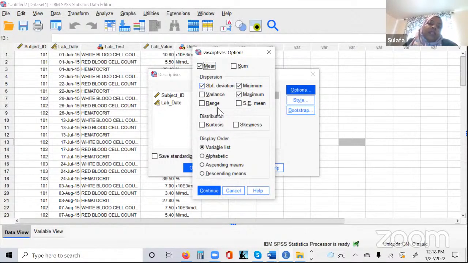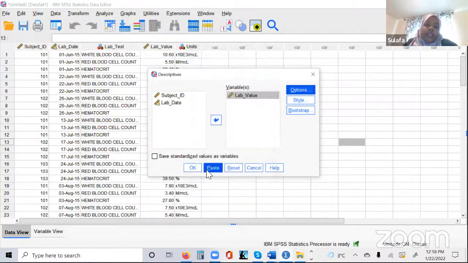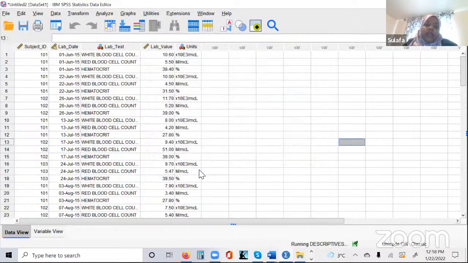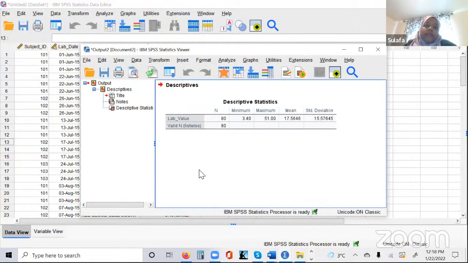The previous one is still saved because I chose before the standard deviation and minimum and maximum. So we can continue on it and press OK. And it shows just a different view. It will show you the number of lab values we have in our dataset and the minimum, the maximum value, its mean, and its standard deviation.